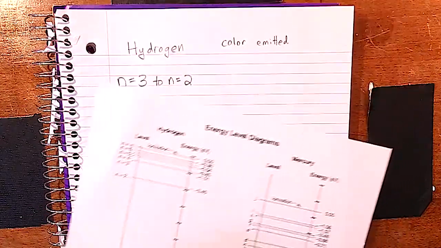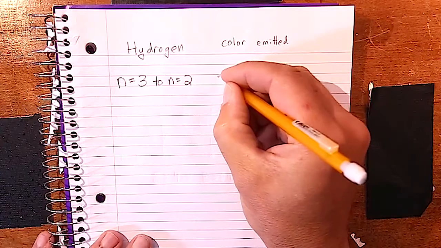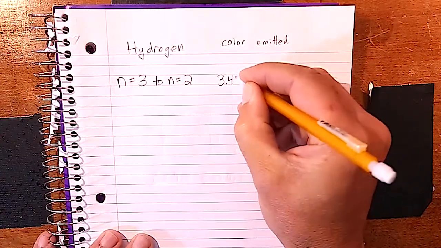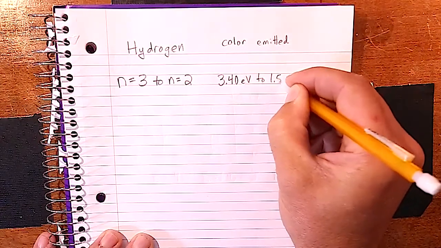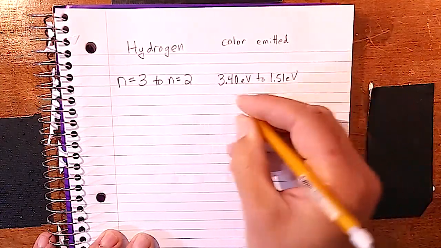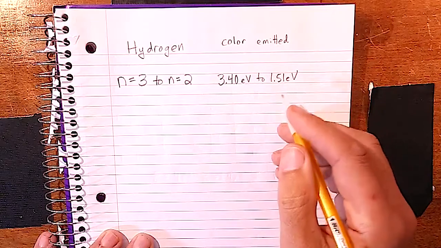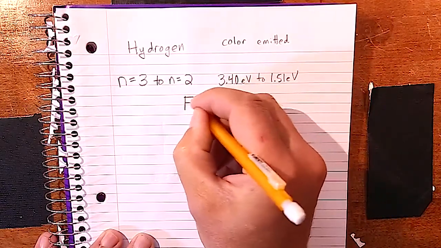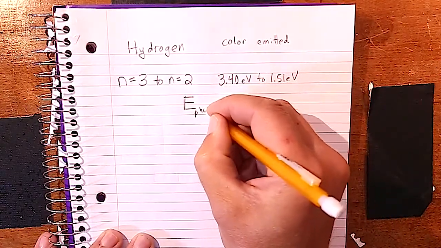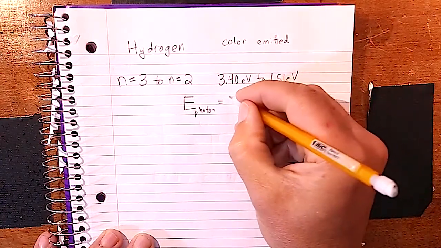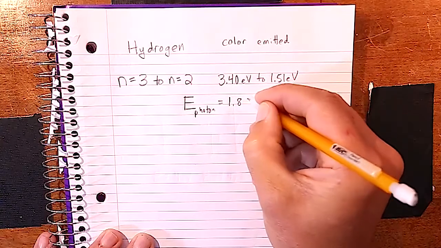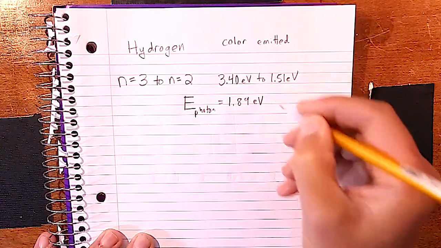And so we're going from 3.4 EVs to 1.51 EVs. Actually, we're going the other way, but it doesn't matter because we're finding the difference. So what's the difference? Just subtract that, and the energy of the photon comes out to 1.89 electron volts.